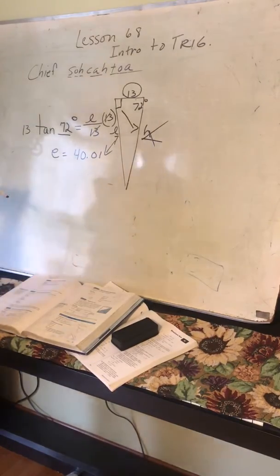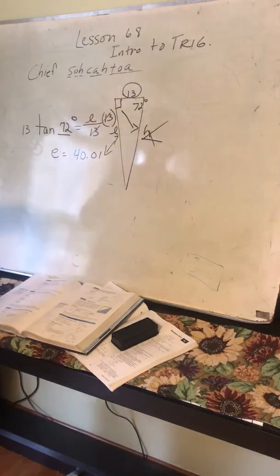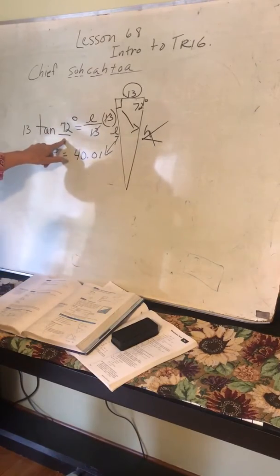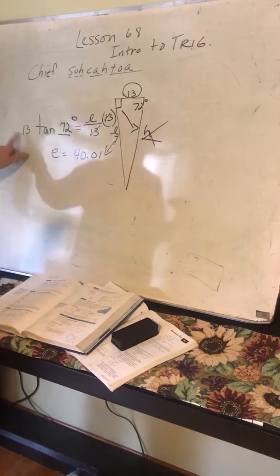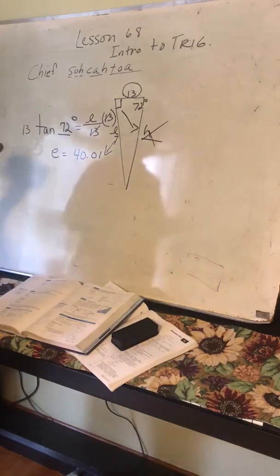So let me do that again for you. Now you may have to do tan of 72, punch that in, and then times 13. I don't know what you have to do. Whatever you do, remember what you do and use the same calculator.